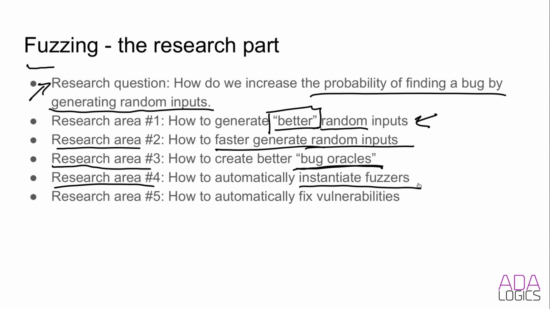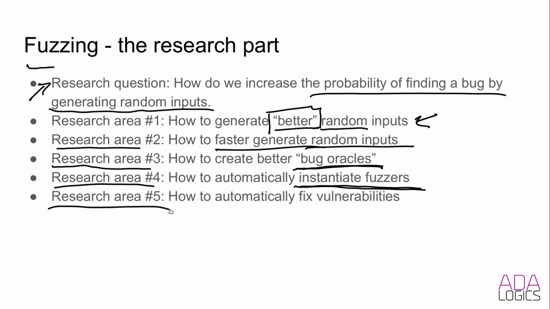And there's also research in the area of how can you automatically connect the techniques and tools of a fuzzing engine to the target code that you're analyzing. It's not just plug and play as of now. There will still be a lot of manual effort in terms of connecting the techniques with your target code. It will make fuzzing a lot more scalable if we can simply make it plug and play.